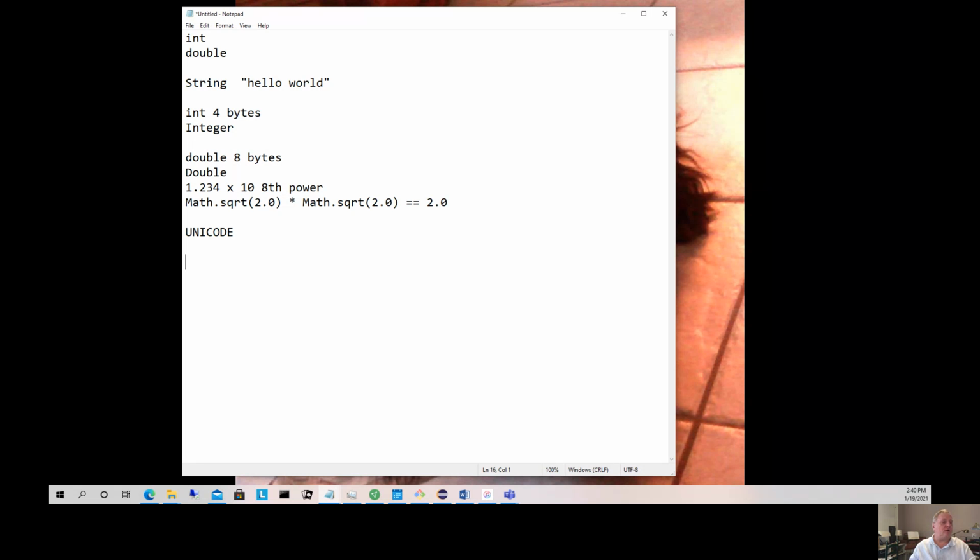For the increment and decrement operators, when writing your programs, I suggest keeping them very simple and standalone. So for instance, if I have int i equal to something, and I want to increment it, that's fine, but don't try putting those increment or decrement operators in a more complicated expression.